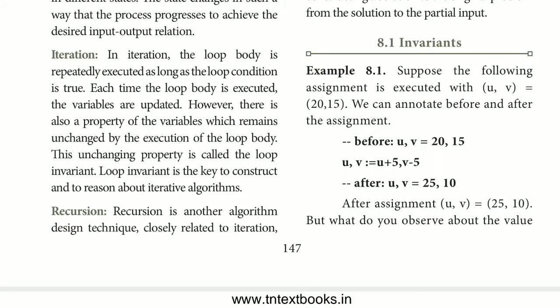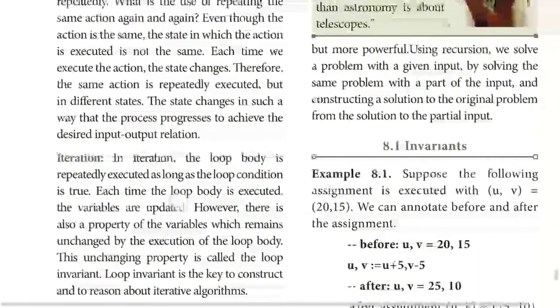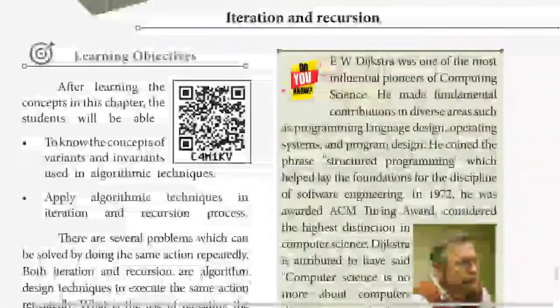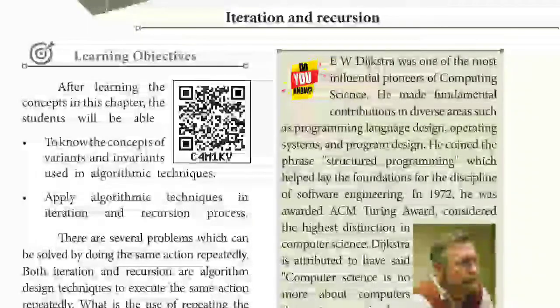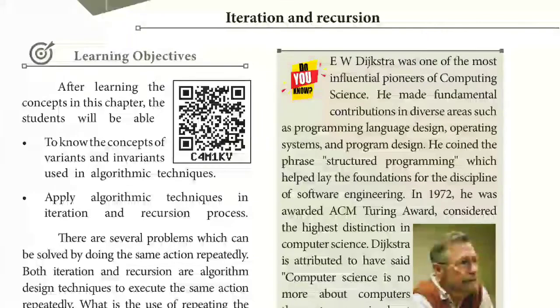So first of all, we'll see what the chapter is about. In this chapter we are going to learn about variance and invariance used in algorithmic techniques, and apply these algorithmic techniques in iteration and recursion processes.